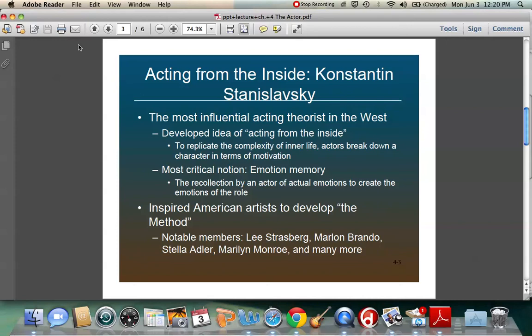Now, this may seem like a really obvious thing, but until the 20th century, actors didn't really worry about that so much. You know, they just played the role. They put on the mask and they put on the costume and they pretended to be these characters. But in the 20th century, people were getting a lot more critically involved in the plays, and with the rise of realism, the rise of the scientific revolution, the rise of psychology with Sigmund Freud, people were very interested in creating real, believable characters on stage, much more so than they had been in the past.